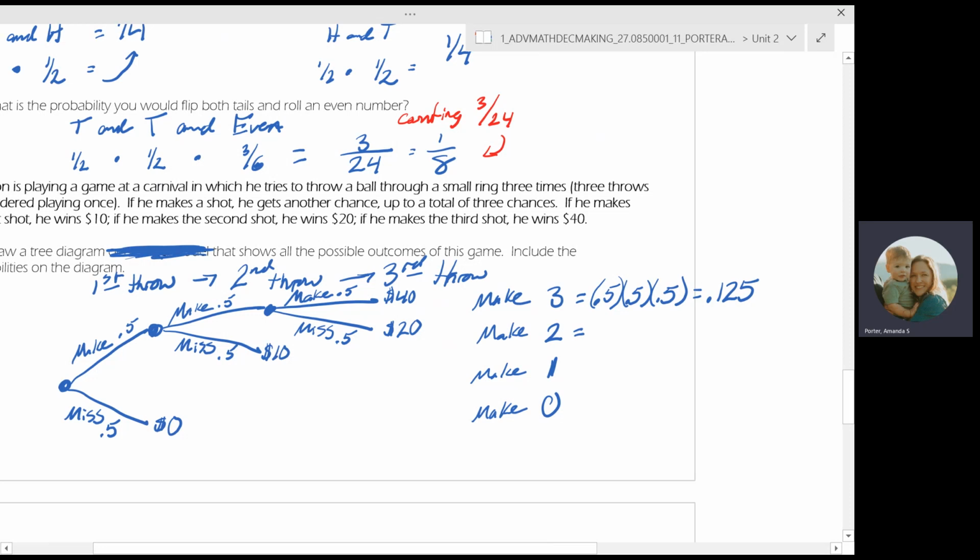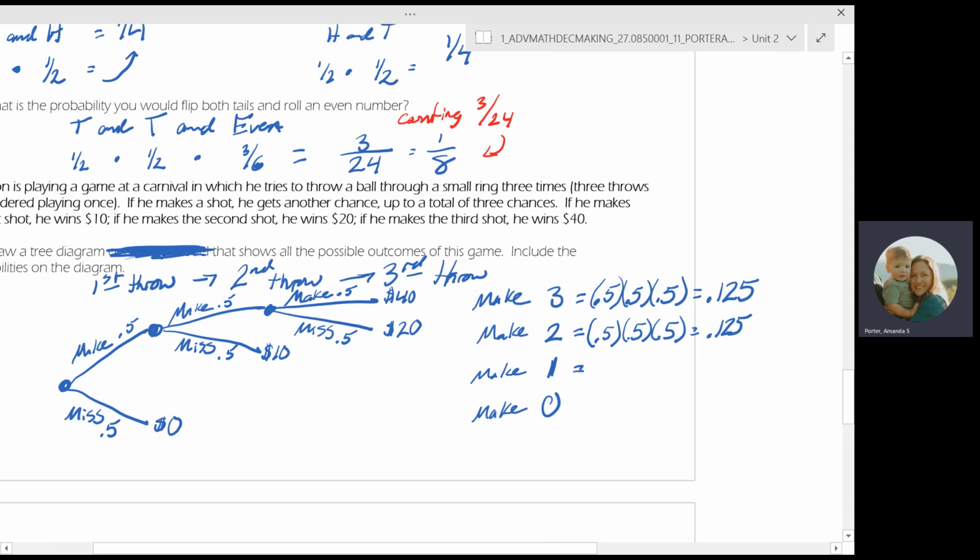Making 2, again, follow the branch all the way out to the end of the branch of making 2, that means he missed the third one. 0.5, 0.5, 0.5 is 0.125.